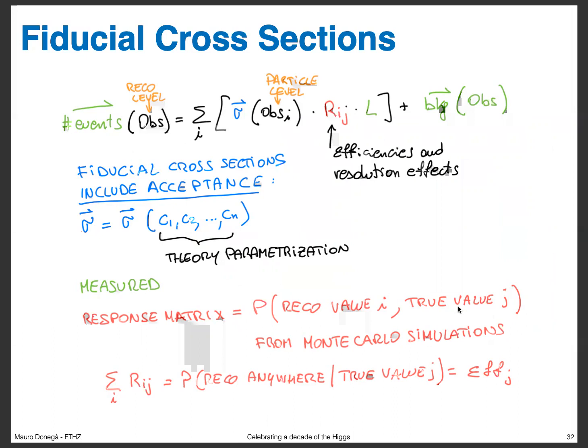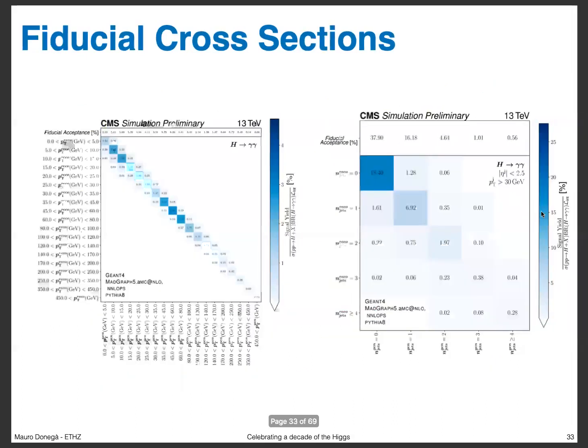And so the migrations on the borders are going to be very small. And this is what you see in a matrix like this, where you see on the x-axis the generator level bins, and on the y-axis the reconstructed ones. So this one is essentially a diagonal matrix.